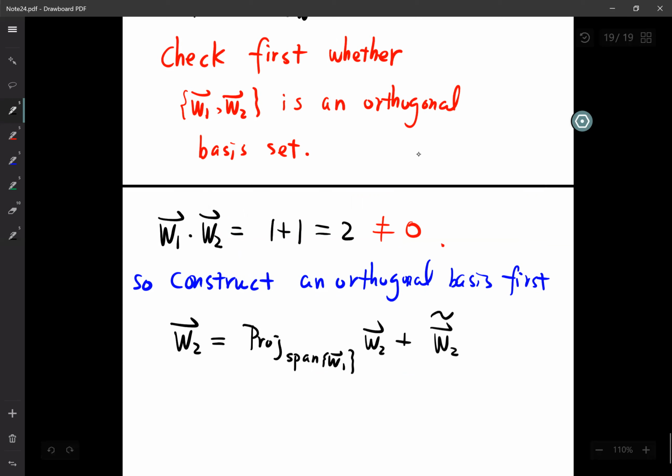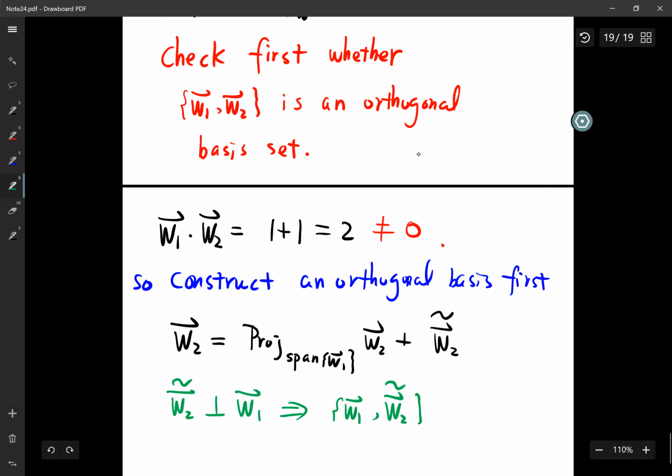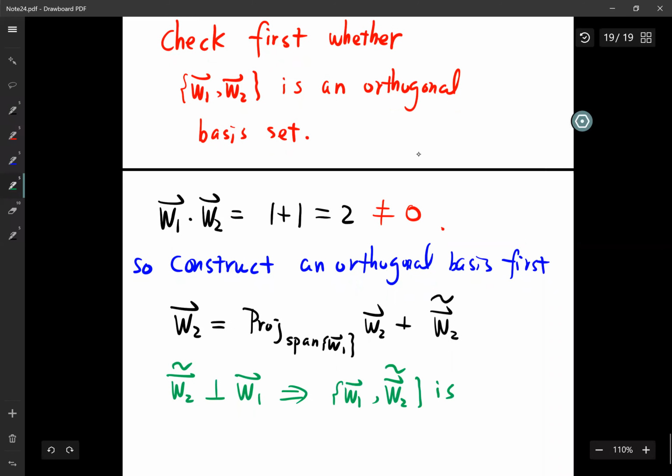So this W2 tilde is orthogonal to W1, and therefore W1, W2 tilde is an orthogonal basis that we want.